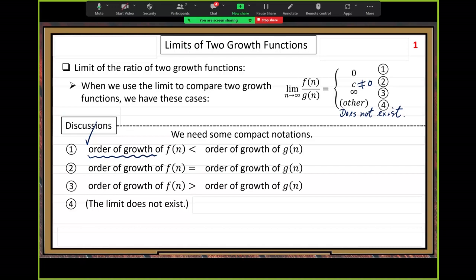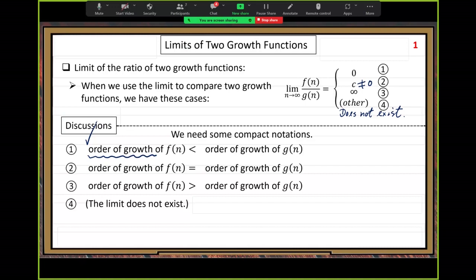So let's consider some simple case first. When we look at the order of growth, first, the order concept. Order of a function. Do you know the order of a function, that concept?